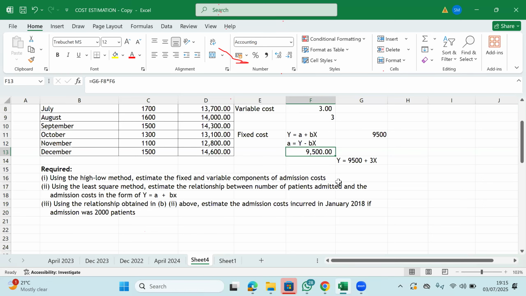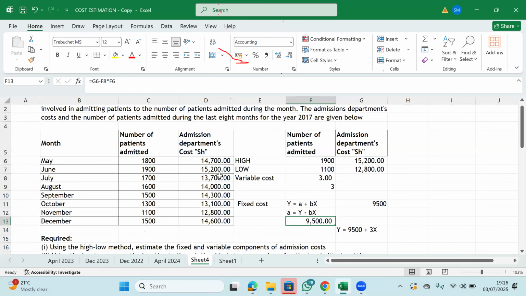Excel, we would feed in the data that we so far have. From the data that we have, Excel would run that analysis for us and give us the results, and it's now up to us to interpret the results.